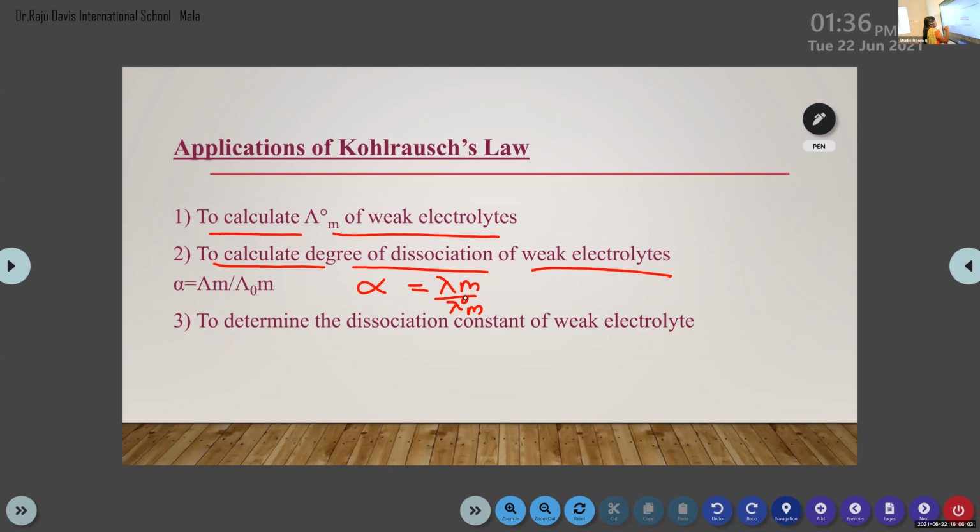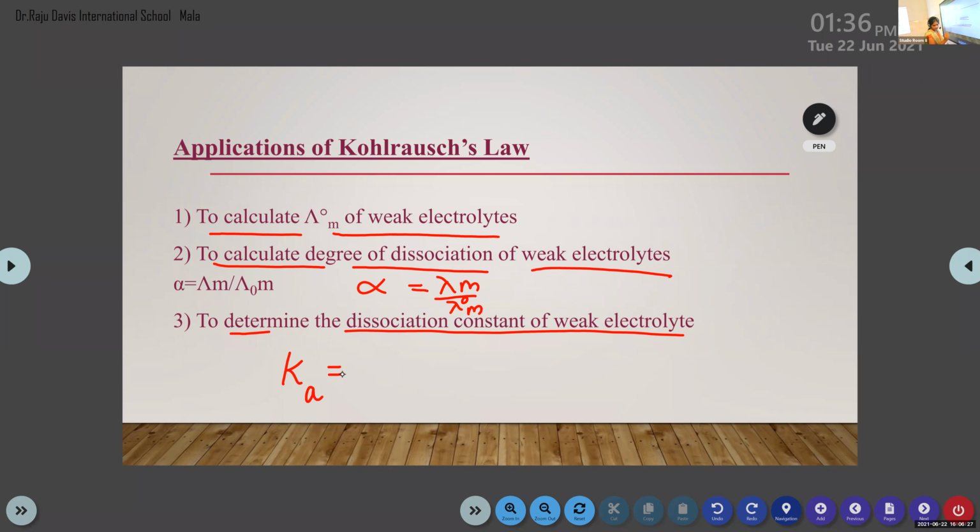Then the third application, to determine the dissociation constant of weak electrolyte. And there is another equation for that, Ka. You can write this a as subscript, okay?